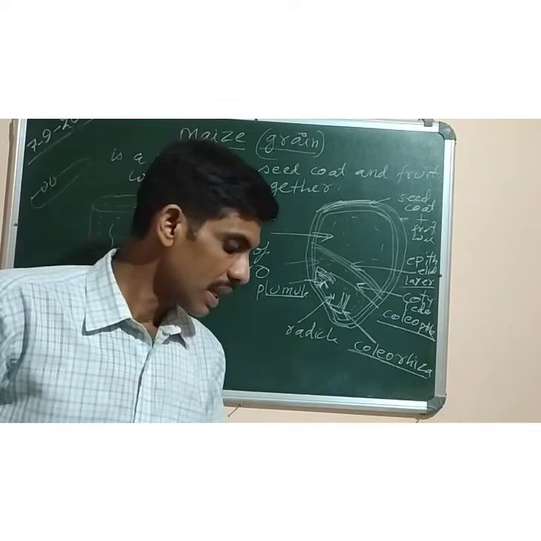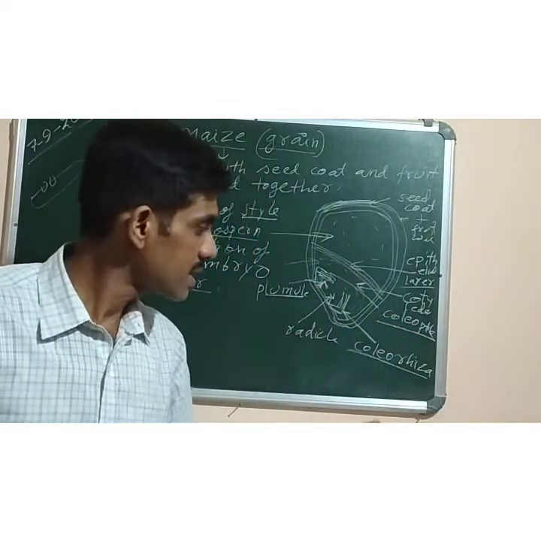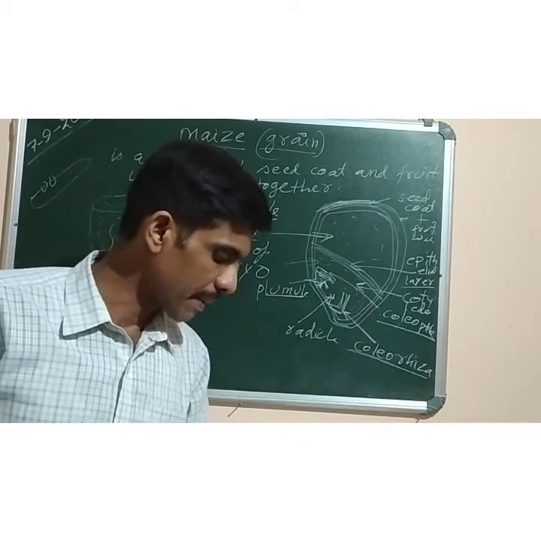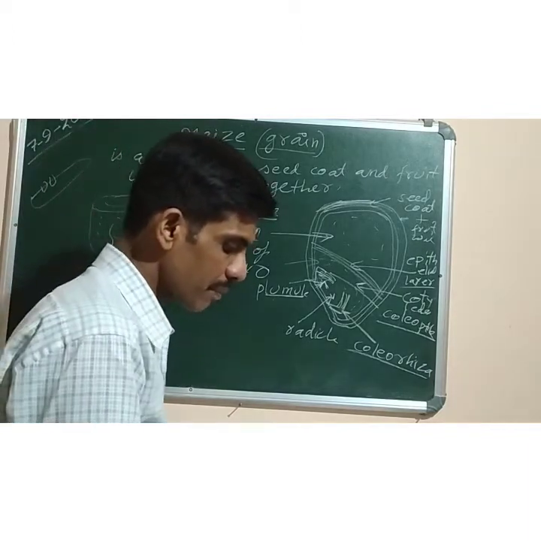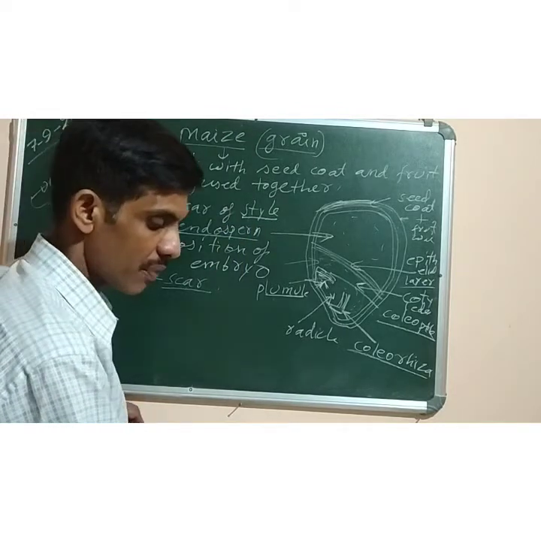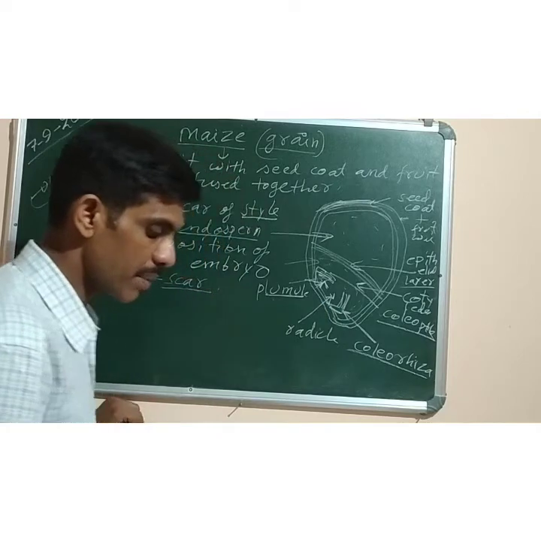The plumule is surrounded by a protective sheath called coleoptile. The radicle is surrounded by a protective sheath called coleorhiza. The surface layer of scutellum in contact with the endosperm is called epithelium. Its function is to digest the food material stored in the endosperm for the growing of the embryo.